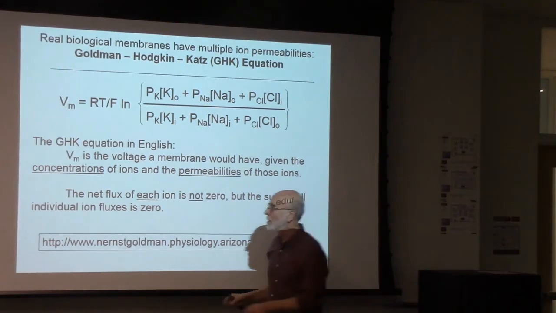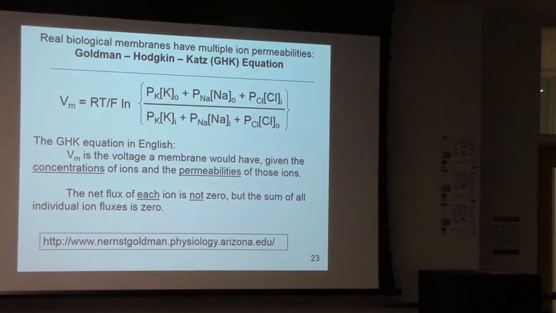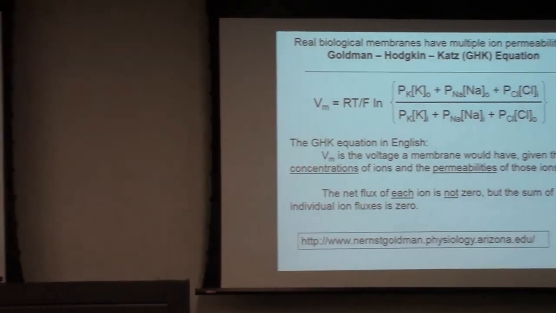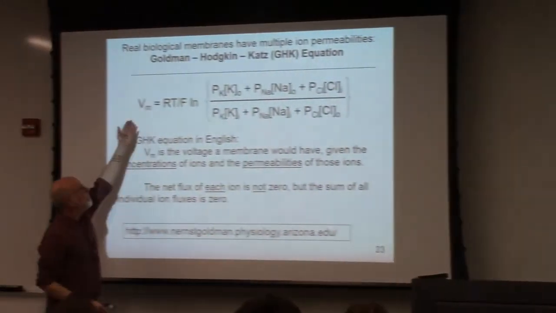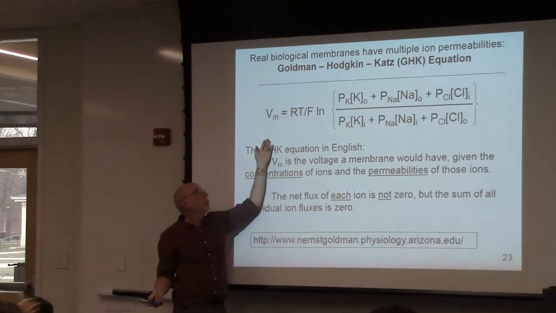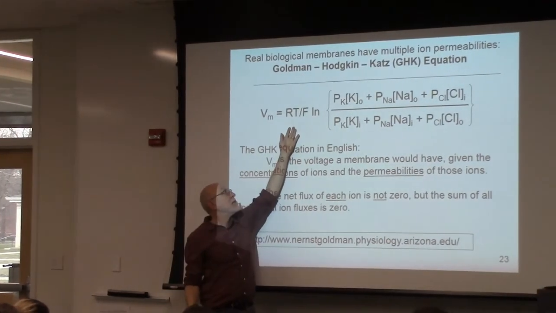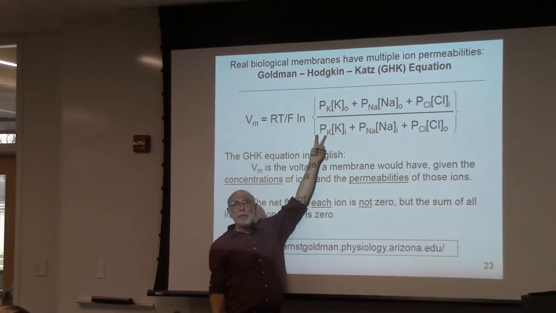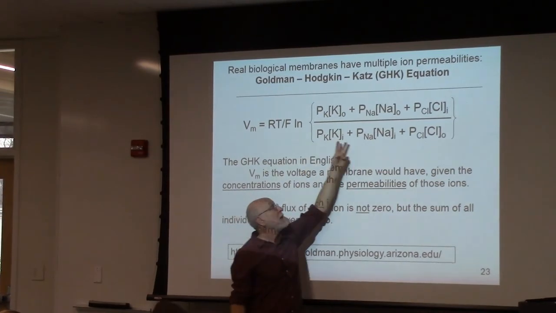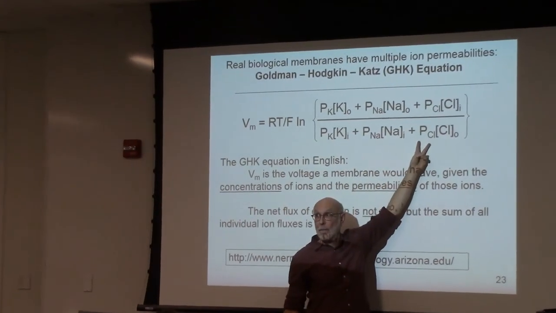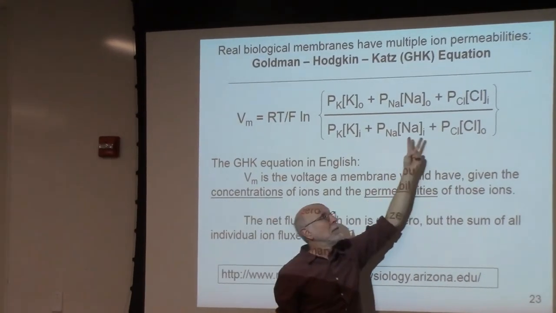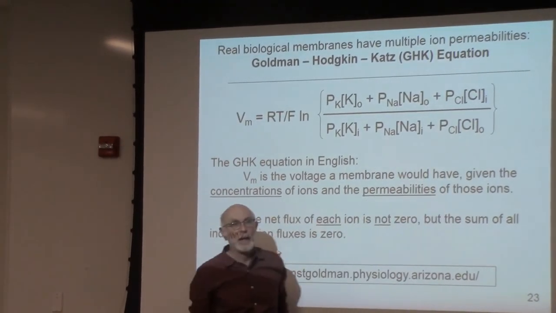So what is this? This is the equation that defines the membrane potential of a real cell in terms of the constants, the permeabilities of that membrane to the various ions, and the concentration gradients of the ions, ignoring calcium.